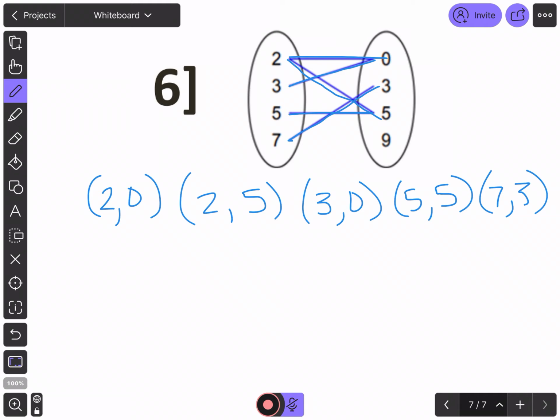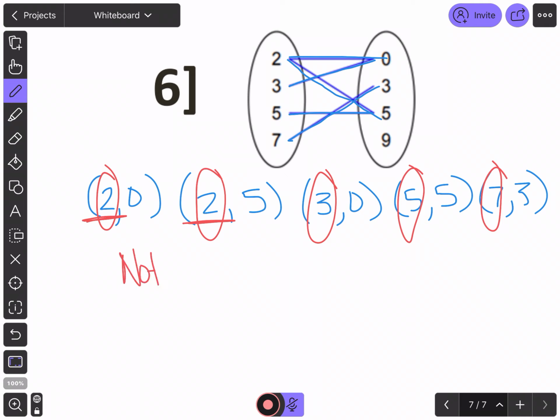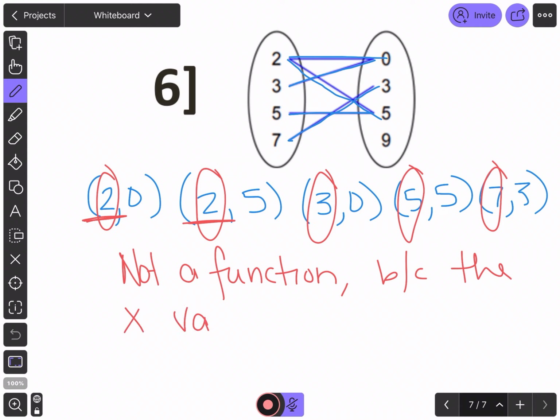Look at all of the x values. Ask yourself, do any of these x values repeat? As you can see here, this 2 is on here twice with 2 different y values. This 2 has 2 different birthdays. So we can say this is not a function because the x value repeats.